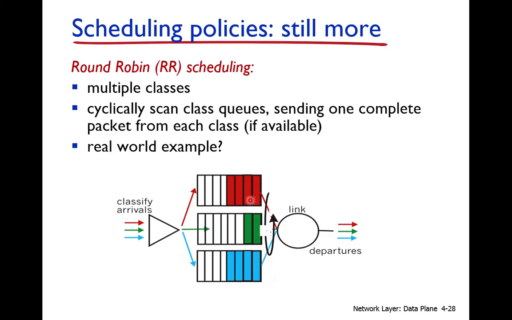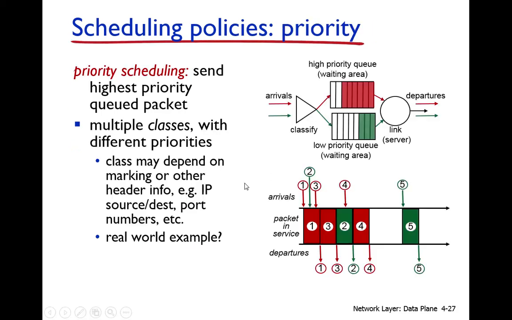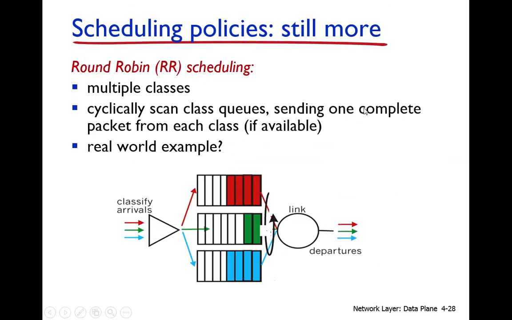In the last example, we were transmitting all the packets from the higher priority, then the packets from the lower priority. But here in round robin, we first transmit one packet from higher priority, then from lower priority, then from lowest, and after this we again transmit the next packet from the higher priority, then the next packet from lower priority, and then from the next.